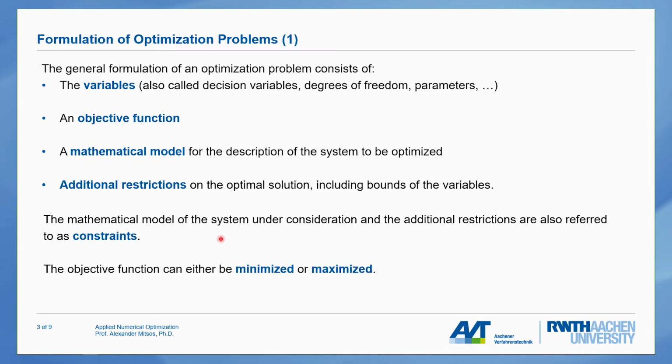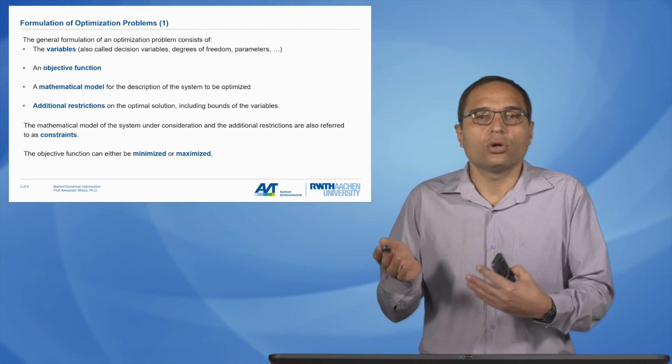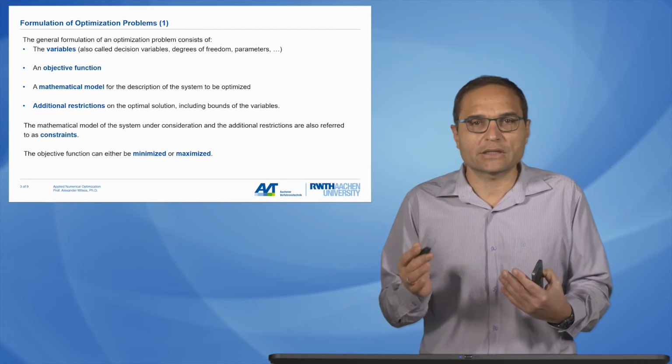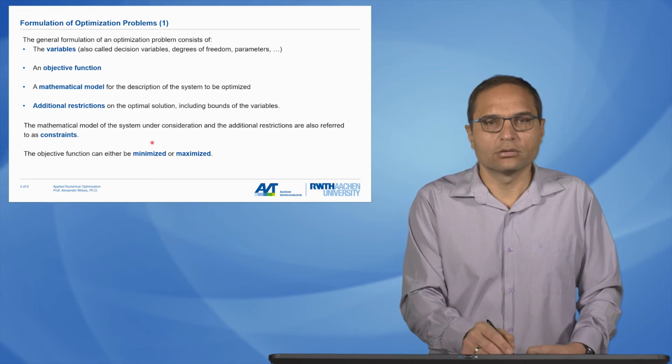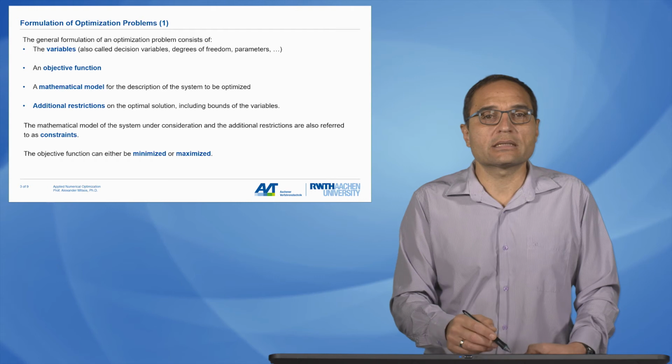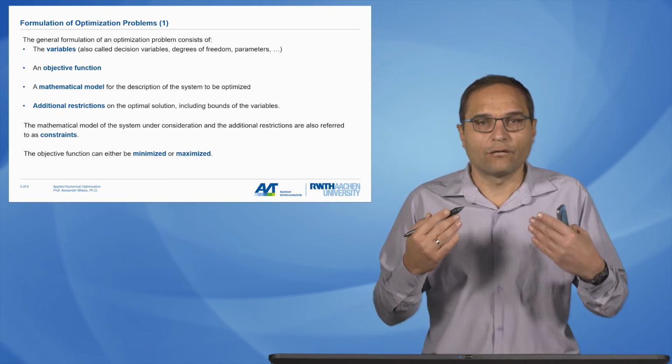I already mentioned that the objective function can be minimized or maximized. So for instance, we want to minimize cost or we want to maximize the return of investment. Since you can reformulate a maximization always to minimization and vice versa, we are going to stick to minimization. This is just convention, and it makes our life simpler to follow a convention.